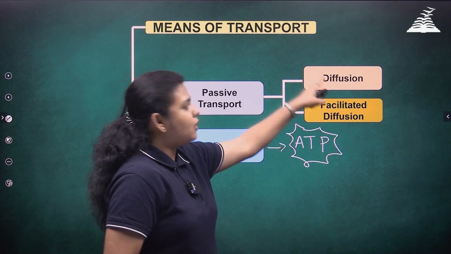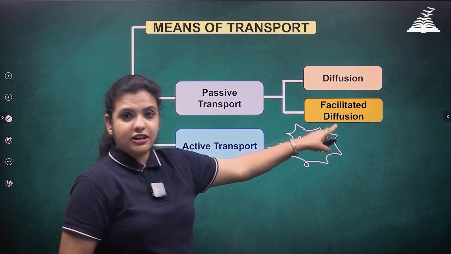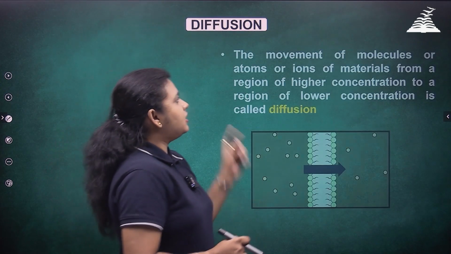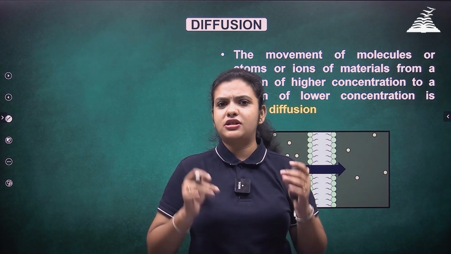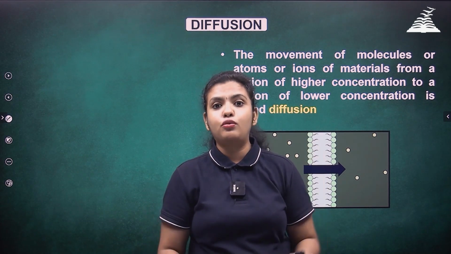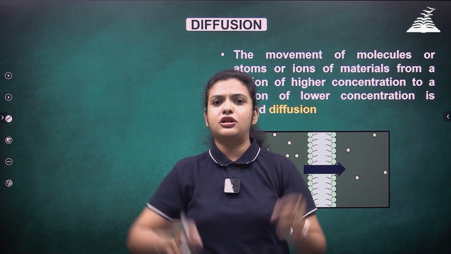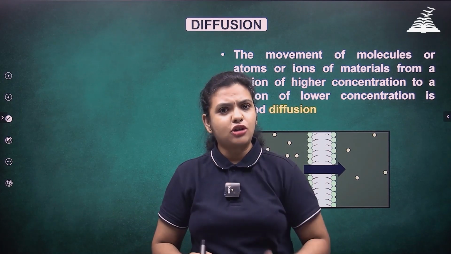Okay. So now we will take up diffusion. We will take up facilitated diffusion and then see what is active transport. The first concept is diffusion. What is diffusion, students? Diffusion means it is the movement of molecules. You can say it is a movement of ions, a movement of molecules, a movement of solutes here. What is a solute?